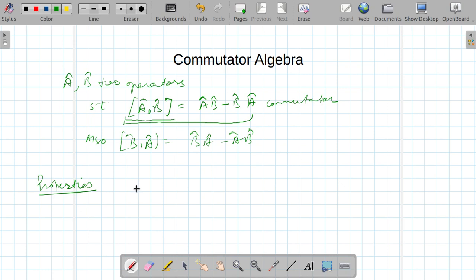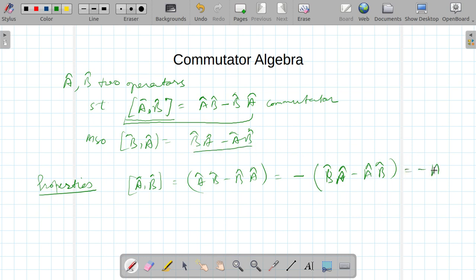So consider the commutator of A and B, which can be written as AB minus BA, and it can also be written like this if I take minus common, so it will become minus (BA minus AB).